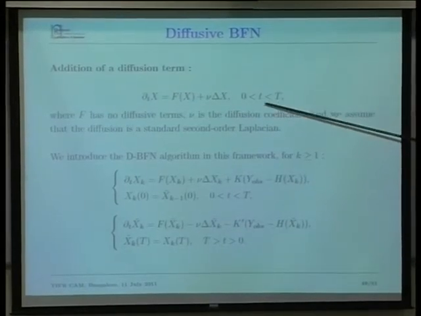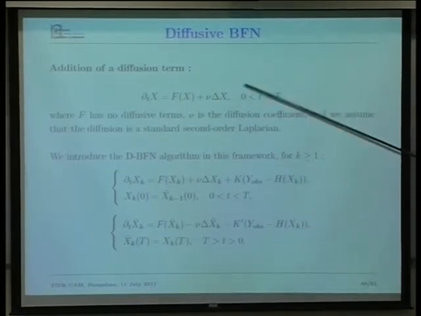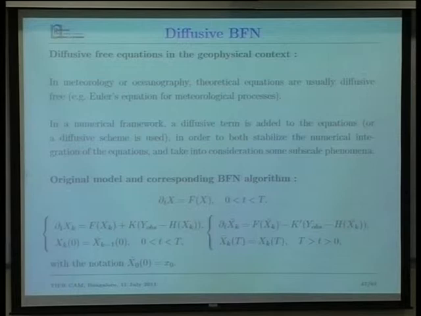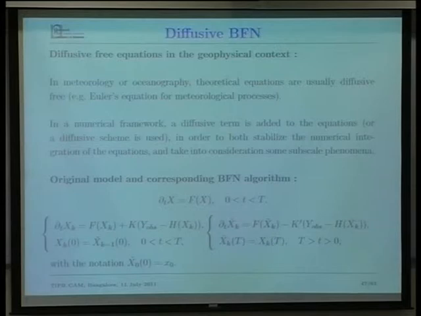So let's add some diffusion to the model. Here we assume it's a Laplacian, but it could be something else. And f is diffusive free. So the idea is that the observations should be a solution of this model. The observations for weather forecast should be a solution of some kind of Euler's equation without viscosity.